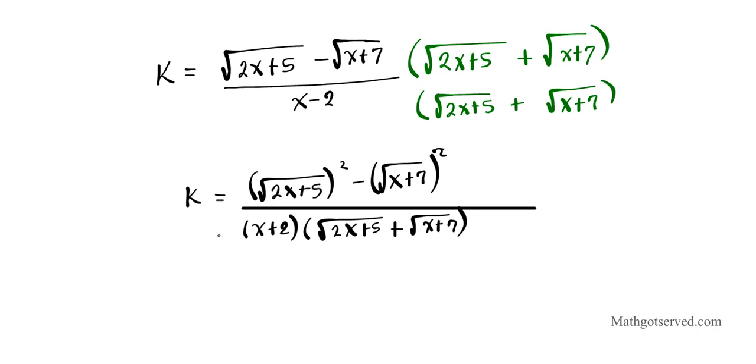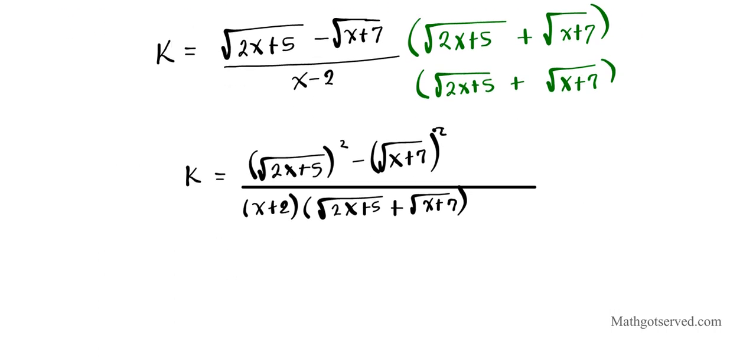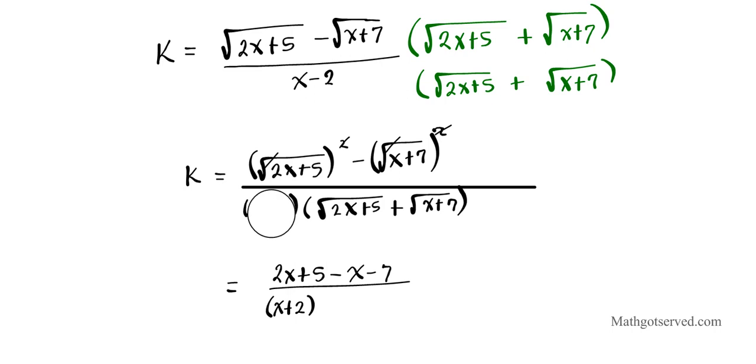So let's simplify the numerator. What are we going to get? In the numerator, the square and the square root cancel out, and we have 2x plus 5 minus x minus 7. Don't forget to distribute this minus to this plus right here. Divided by the denominator, let's leave that alone. Hopefully this x minus 2 cancels out. Oh, I switched the sign, it should be a minus.